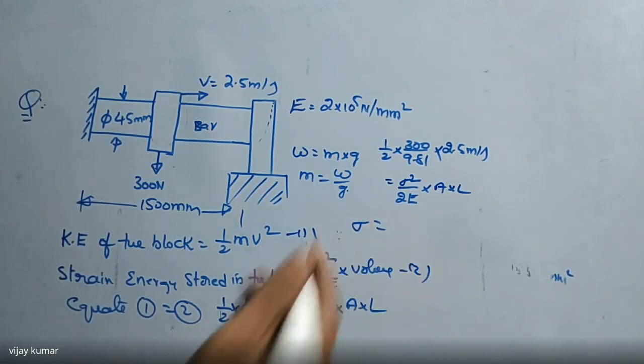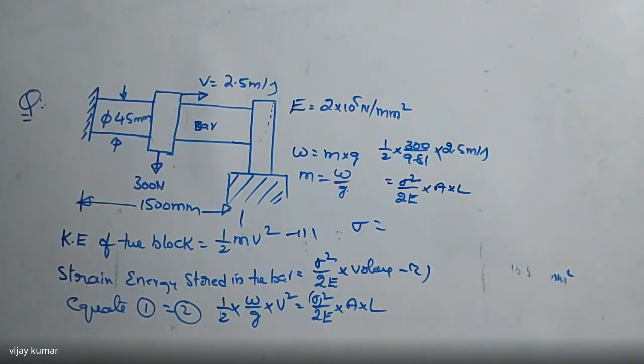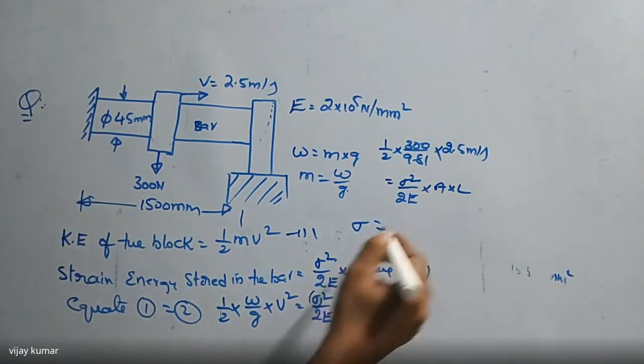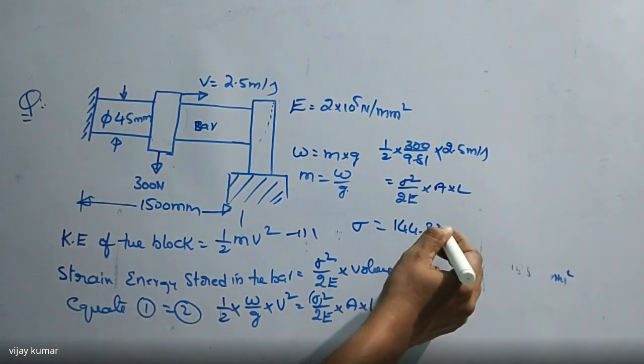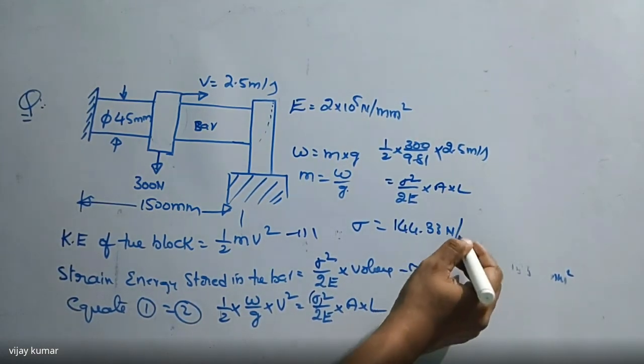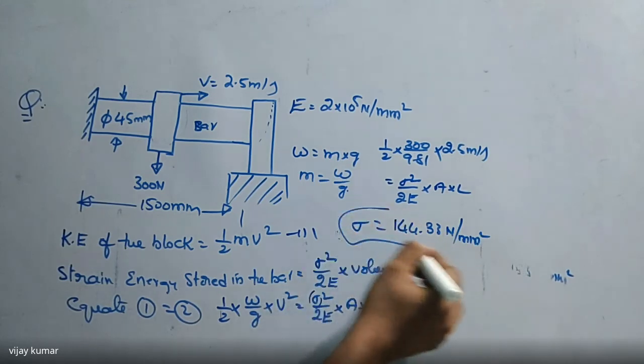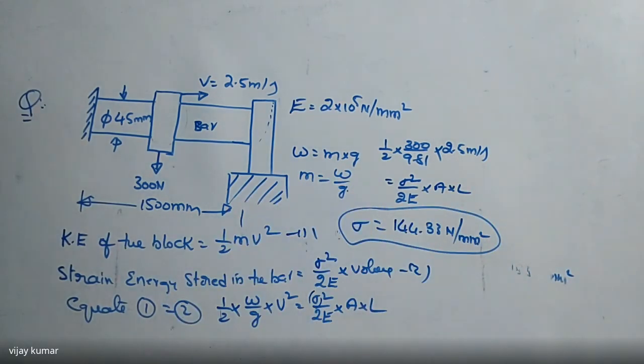Then sigma is equal to, I got it approximately, 114.33 Newton per mm square. I got it. So please take care about the units also. This is the way of calculation of strain energy. Did you get my point or not?